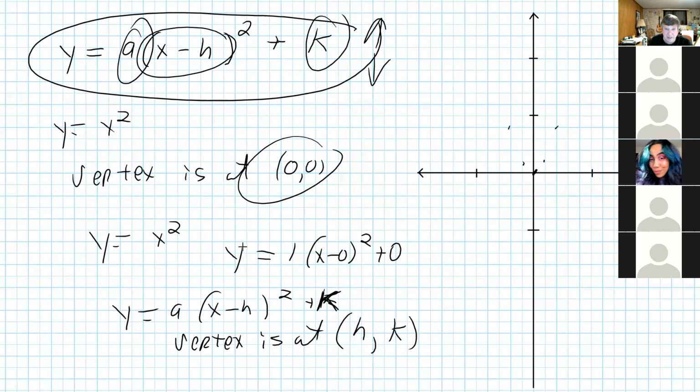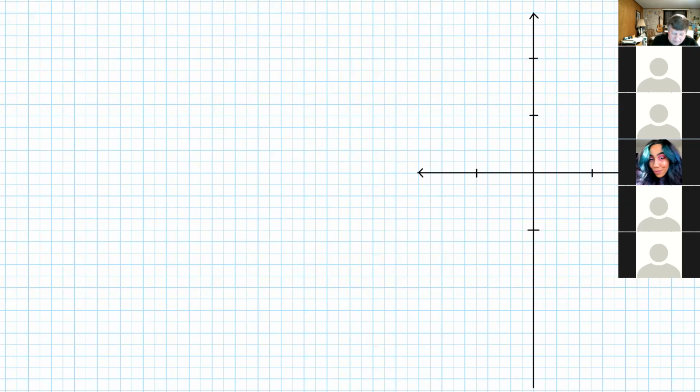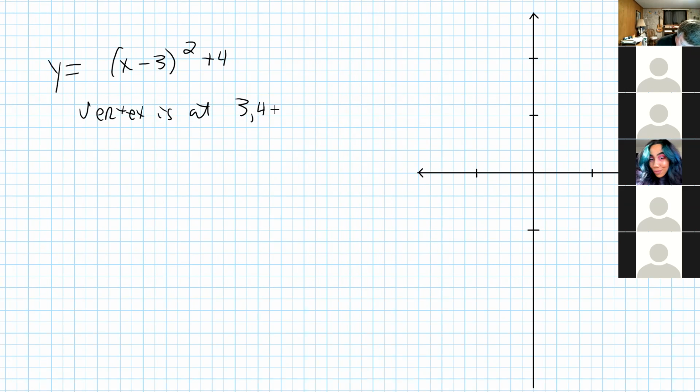So let me look at some other examples here. Let's say we've got y equals x minus 3 squared plus 4. The vertex is at h, k, because this is x minus h squared plus k.